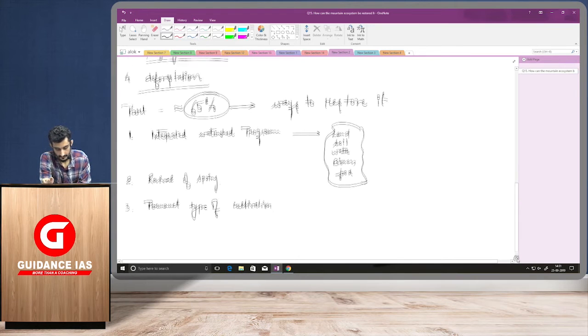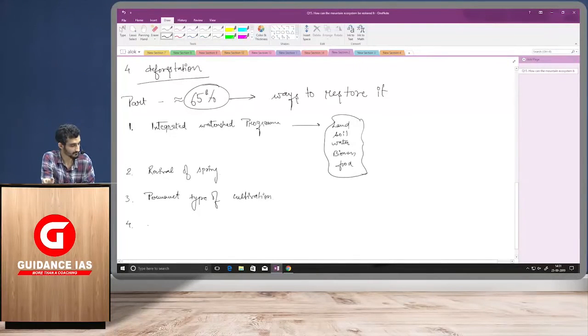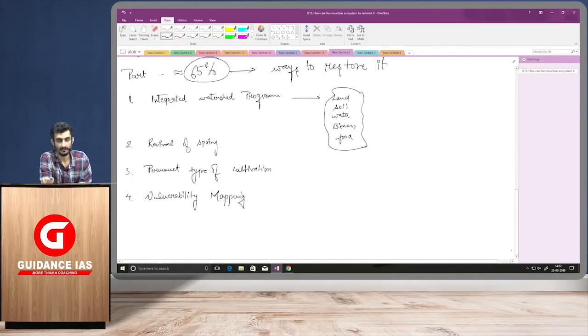Then we have vulnerability mapping of the areas under high, low and medium, so that tailor-made solutions and tailor-made strategies can be developed for the hill area development program.